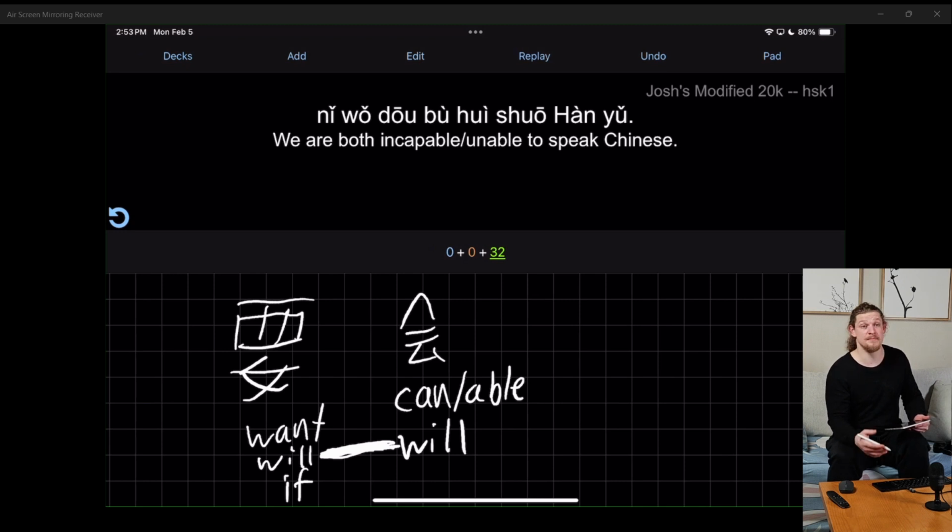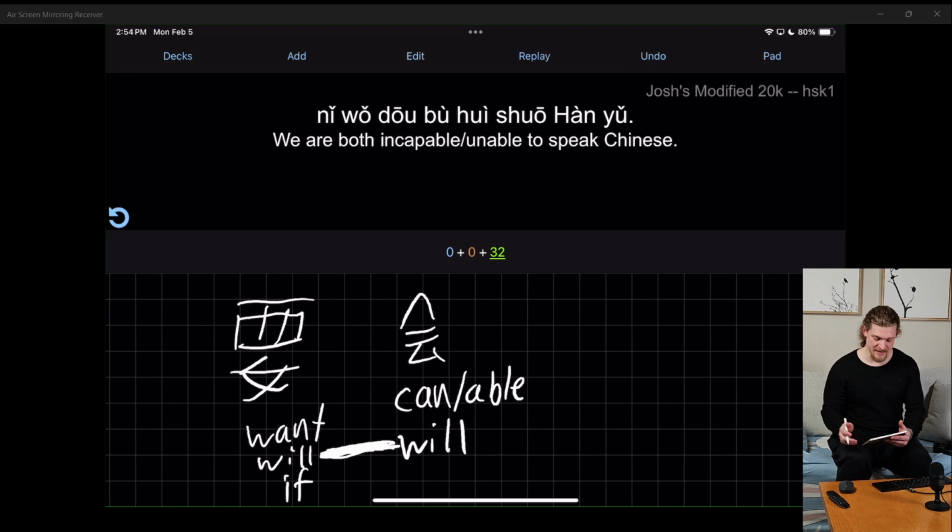Because 能 means I'm capable or I'm able to do something. 可以 means can, right? 会 also means can or able. So you've got these three different options, and you may have difficulty deciding which one you actually want to put into that sentence. And sometimes they're more or less interchangeable. Sometimes you can just use any of the three and people will understand what you mean. And at other times it might lead to a little bit of confusion.